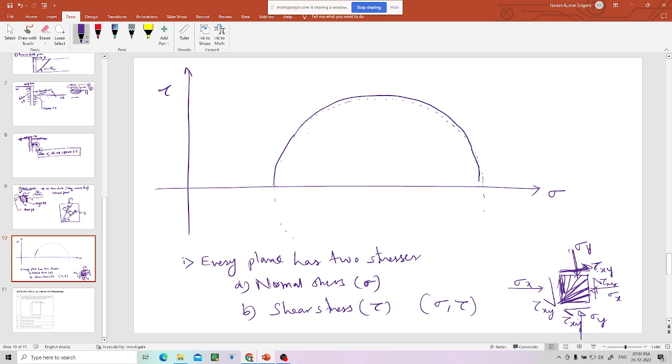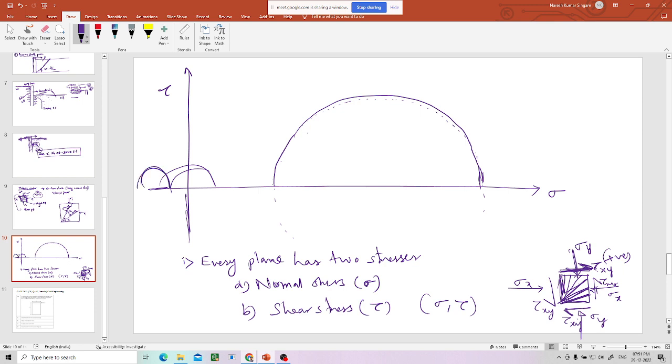How will this bottom portion of the circle happen? See, if you take clockwise as positive, automatically anti-clockwise will be negative. So for negative tau, you should go down. Circles can be like this, or circles can be to the left side of this.